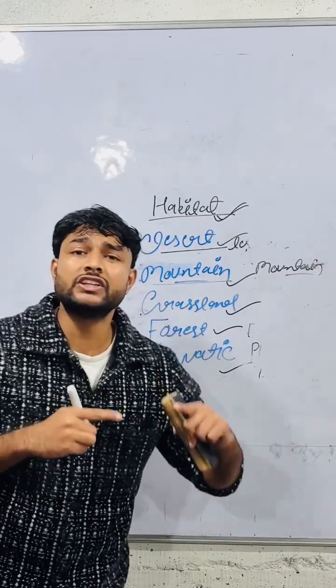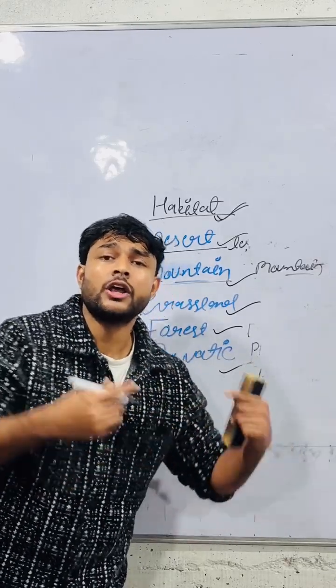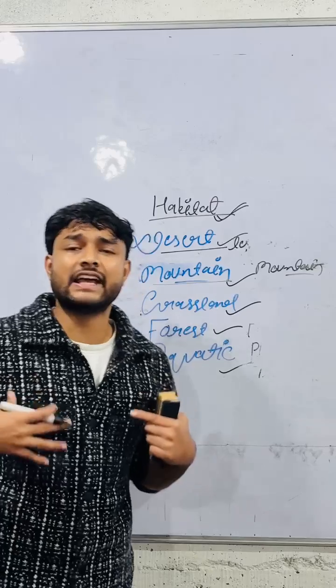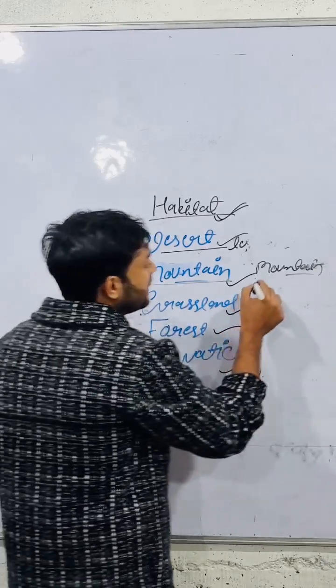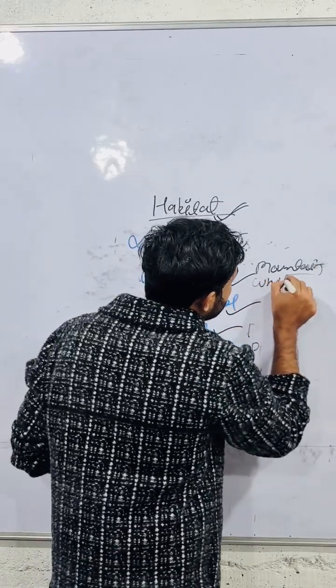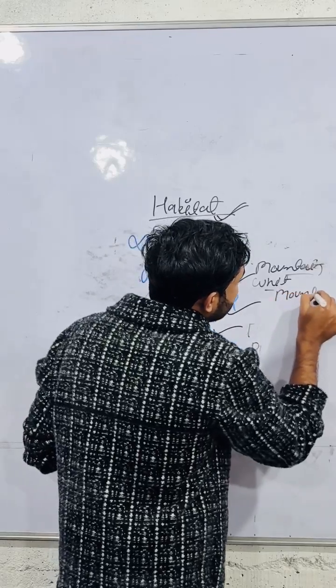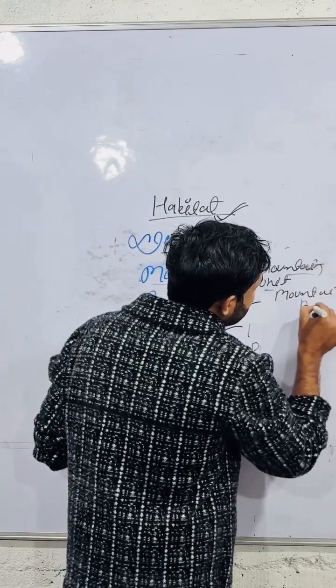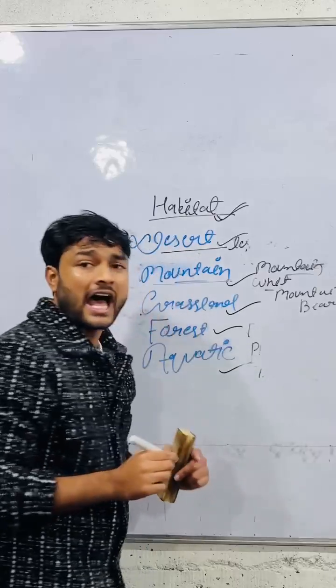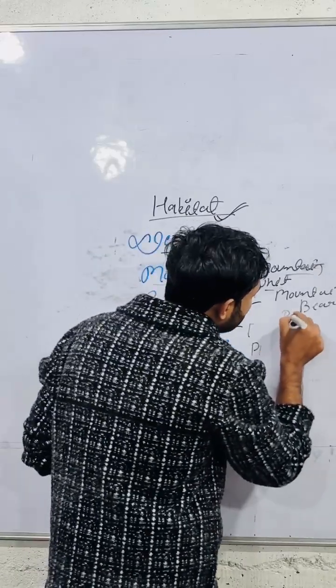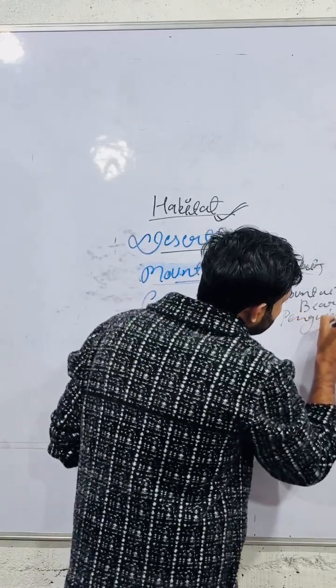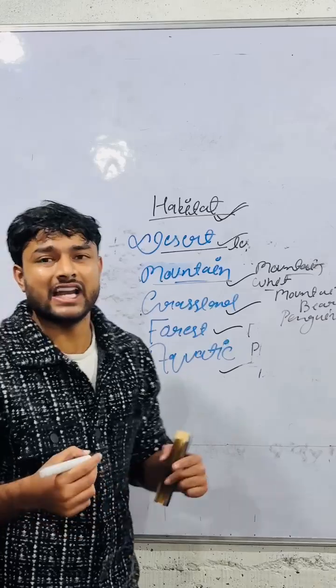The animals found there have a large amount of fur-like structures on the surface of the body, white-colored fur. For example, the mountain bear, and the penguin is also an example of a mountainous animal.